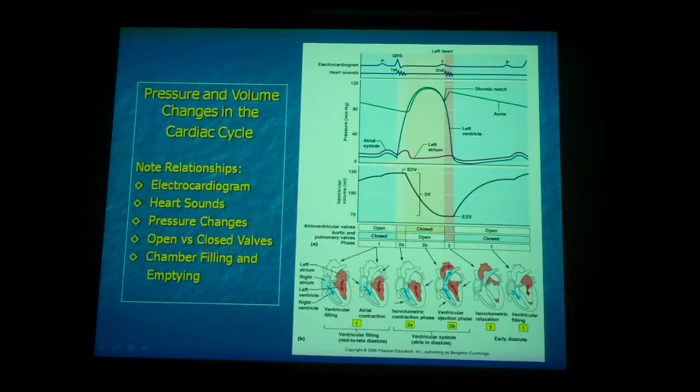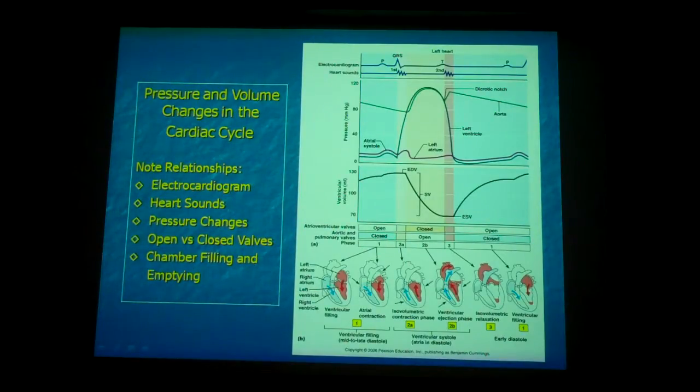This line right here represents what's happening in the ventricle. Okay. All right? So pressure is building in the left ventricle. The AV valves close right here.